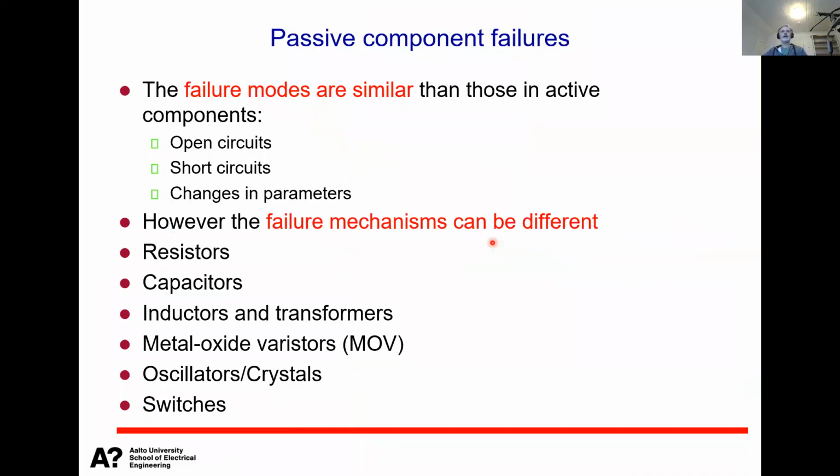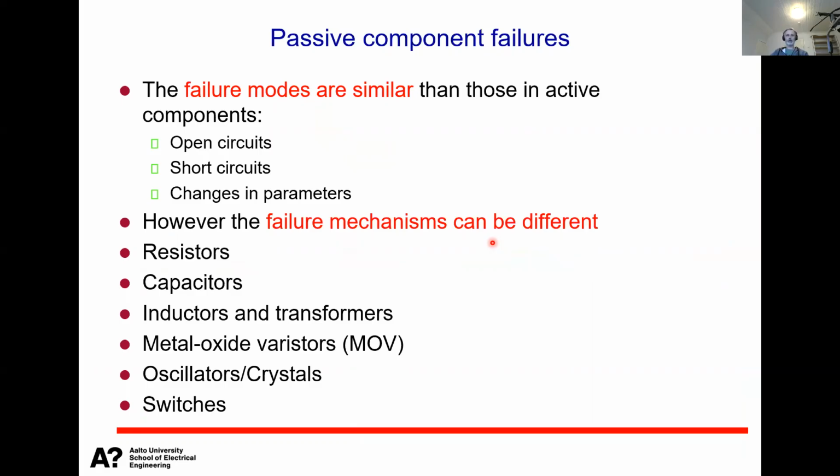Okay, so in general, for all electronic components, we can categorize the failure modes into three categories. We have either open circuits, short circuits, or changes in the electrical parameters.